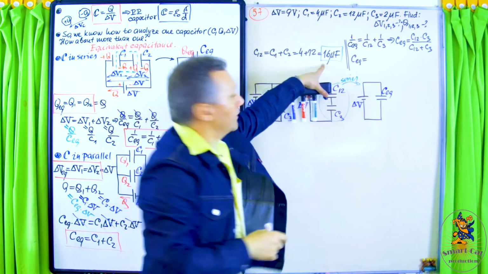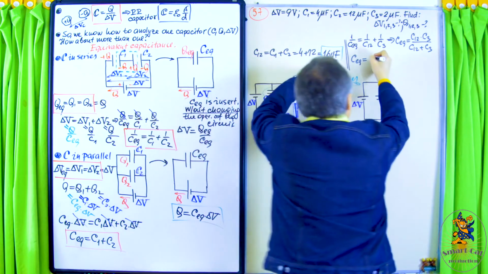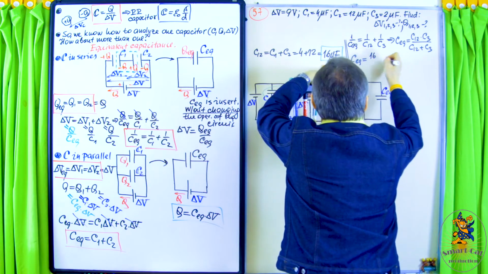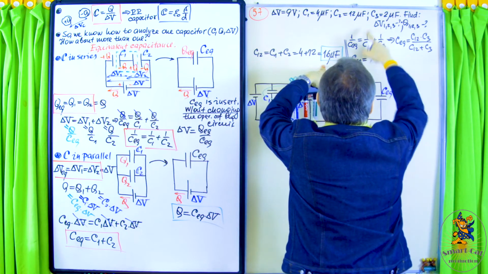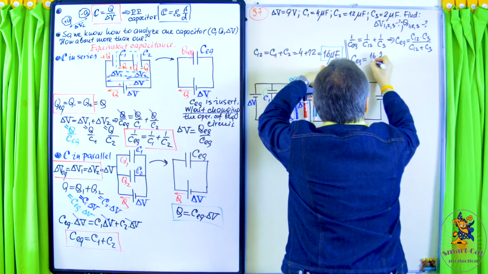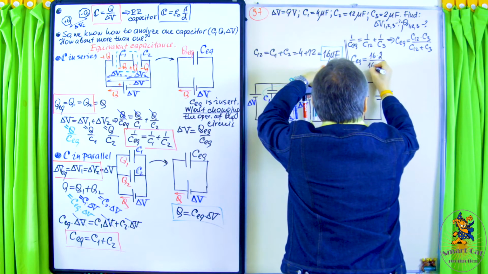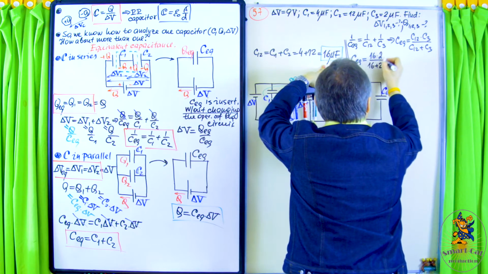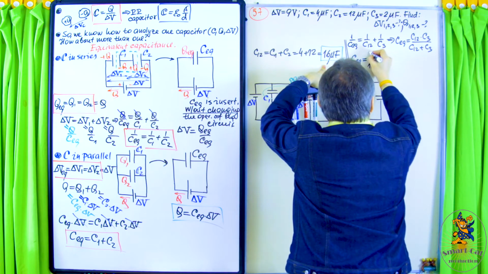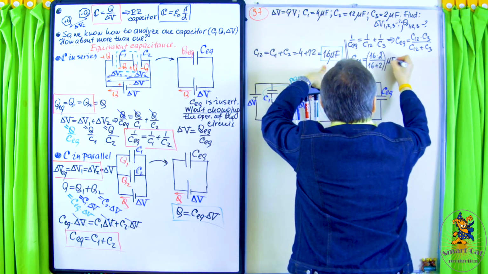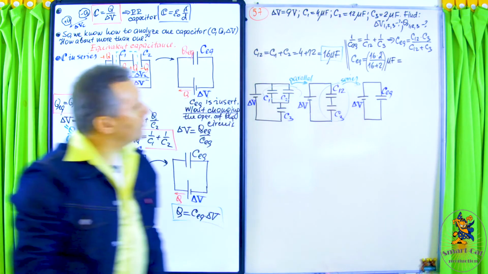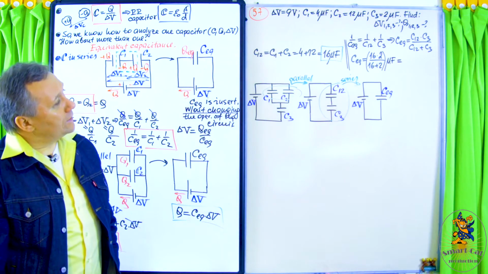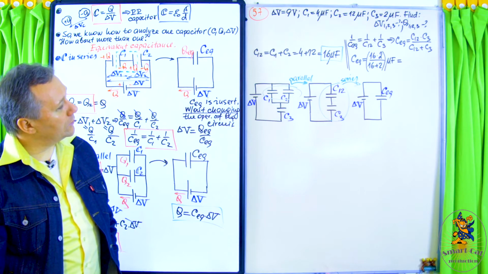C12 is 16. I will drop the units. So 16 times C3, which is 2, divided by the sum 16 plus 2. And of course, the units will be microfarads. So what will it be if you cancel it? What will you get?